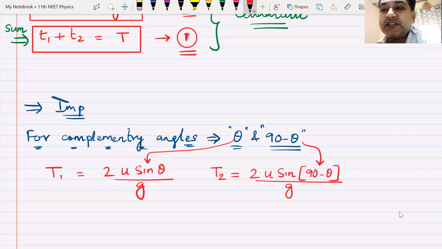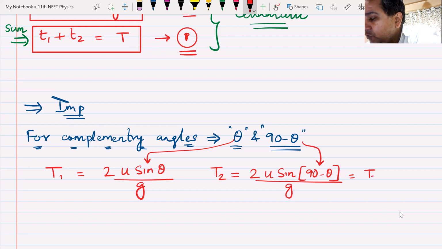Do we understand what I am trying to do here? Sine of 90 minus theta is cos theta.